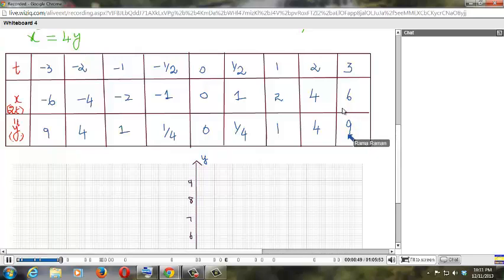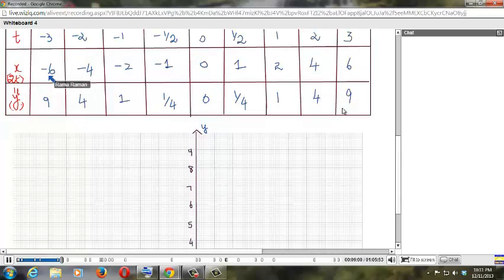And it may be noticed that no value of y is negative, whereas x assumes negative and positive values. So this indicates that we can restrict our area of plot to the first and the second quadrant. So we will have the graph only in the first and the second quadrants.